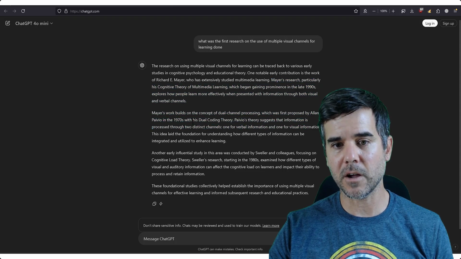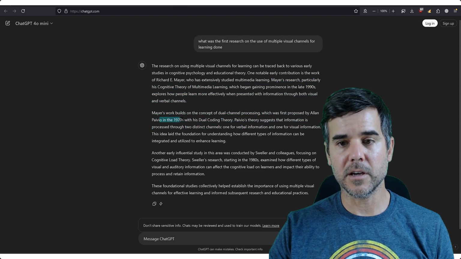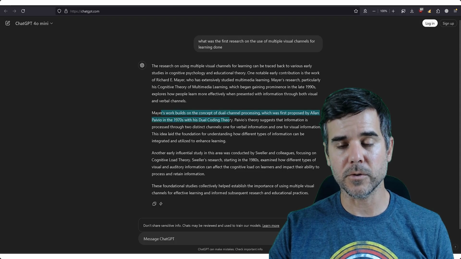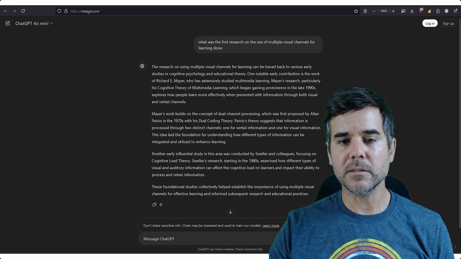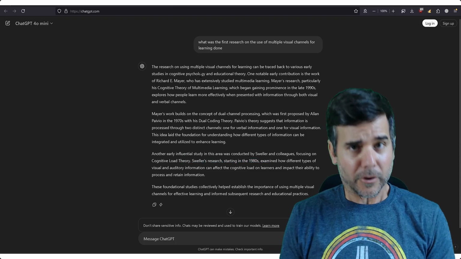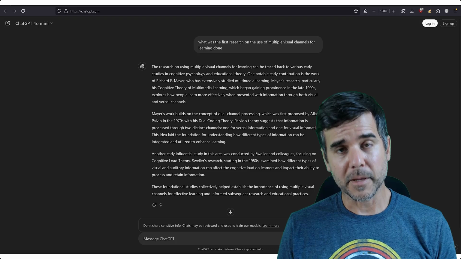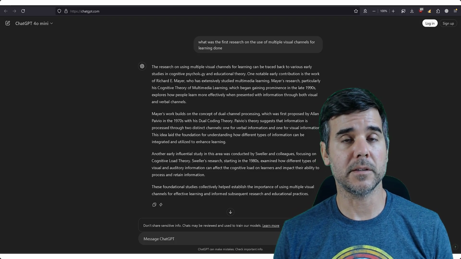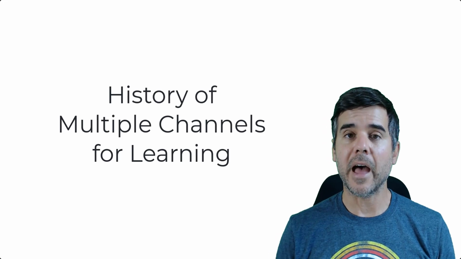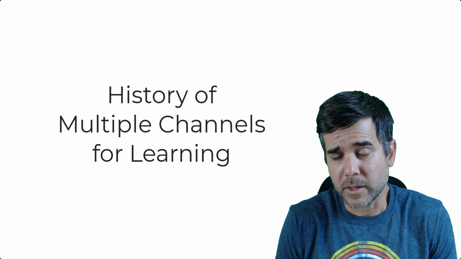It does talk a little bit about Paivio and dual coding, and Sweller's research in the 80s on cognitive load theory, but that's also ignoring a big bulk of research that came up with these ideas. I want to talk a little bit about where that history came from.